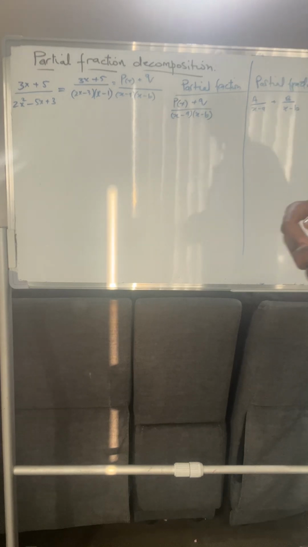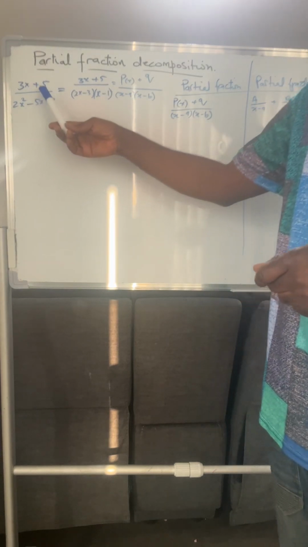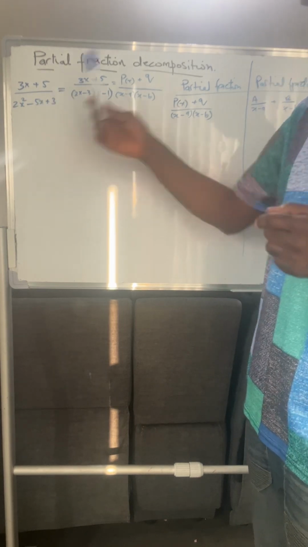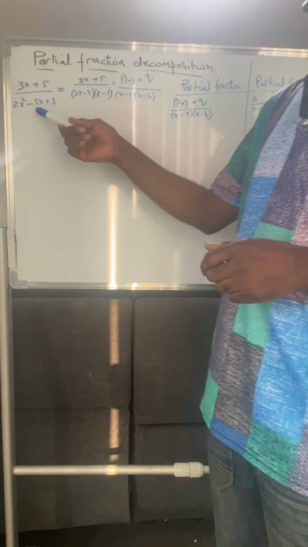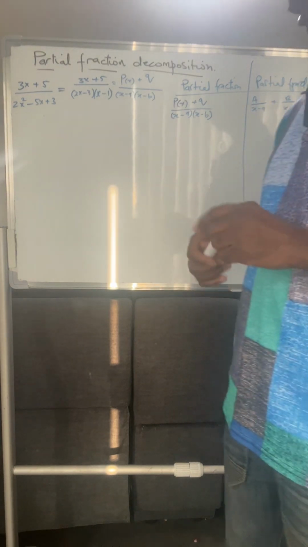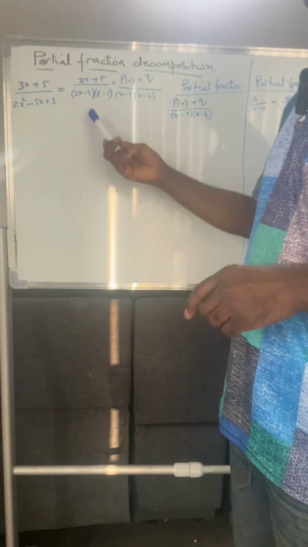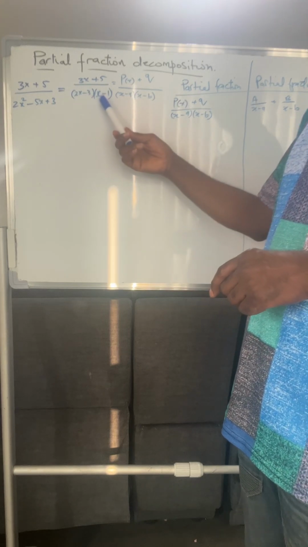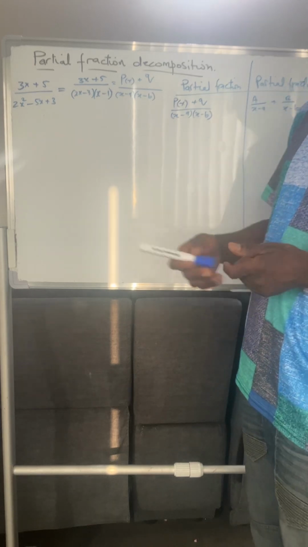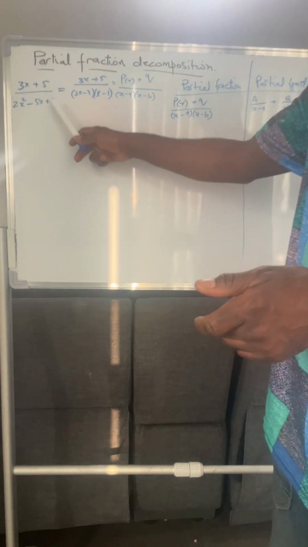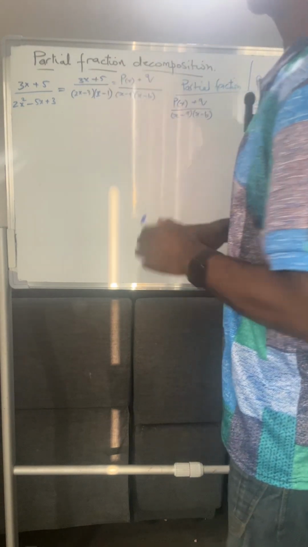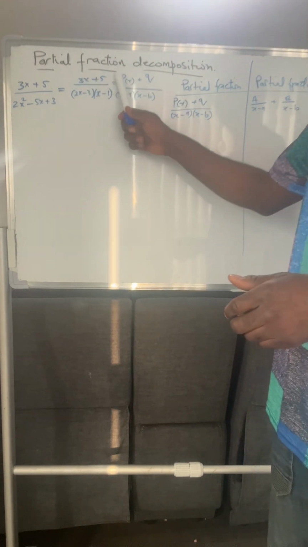When we looked at this problem here, 3x plus 5 divided by 2x squared minus 5x plus 3, on the denominator we have a quadratic equation which we factorized. We got 2x minus 3 by x minus 1. So in fact, this expression can be written in this format.